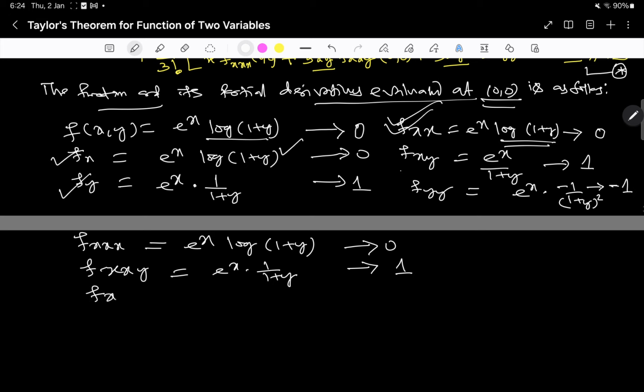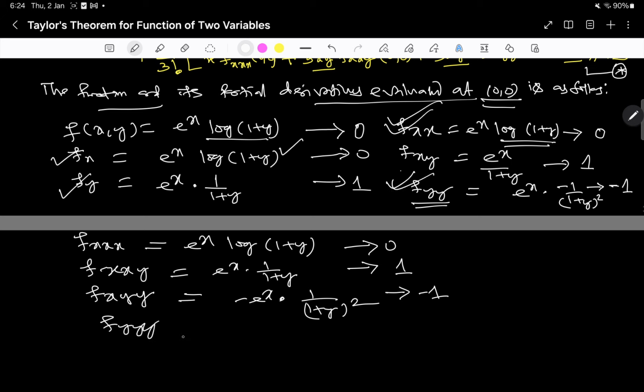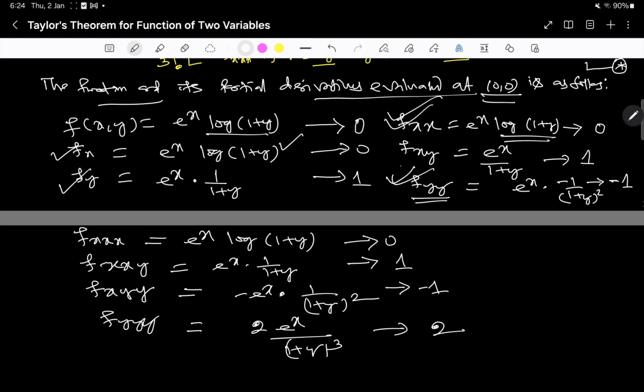Then fxyy, if you differentiate it with respect to x again, this will give you minus e^x times 1/(1+y) square, and this value is minus 1. And fyyy, again differentiate with respect to y, this will give you 2e^x/(1+y) whole cube. So at this point the value is 2.